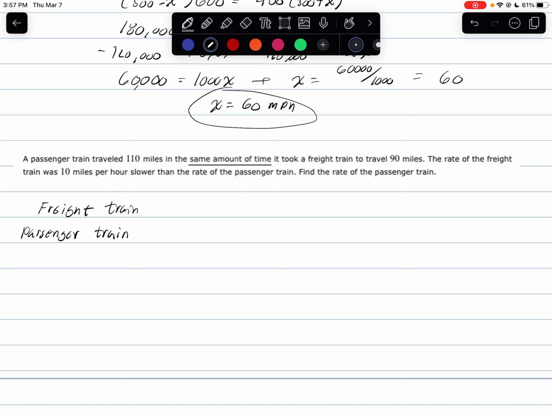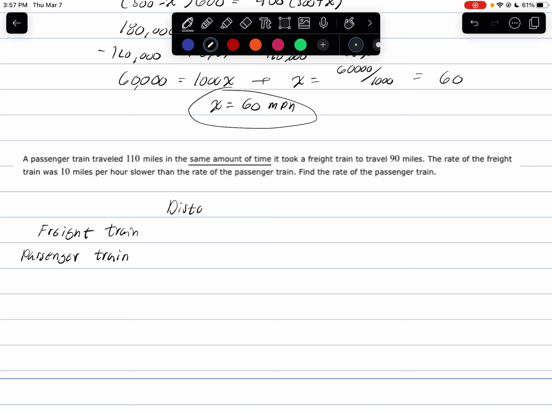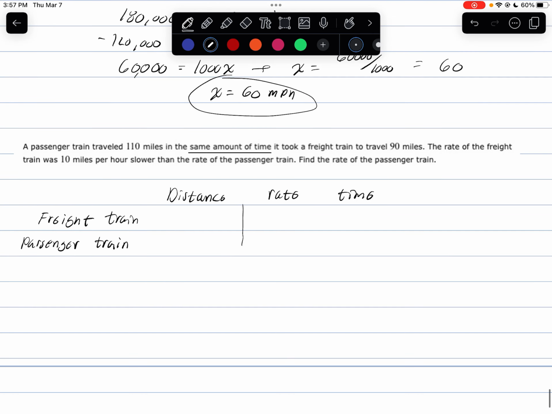Okay, move these down. And we have the distance, we have the rate, and we have time. We know that the freight train traveled 90 miles, so we can put 90 for the freight train, and the passenger train traveled 110.